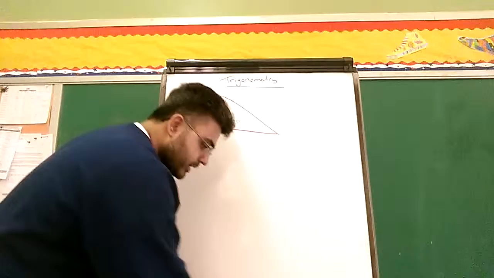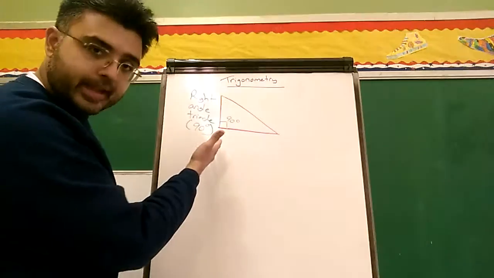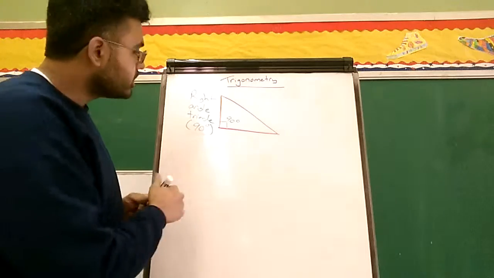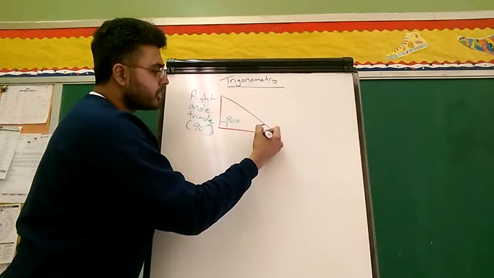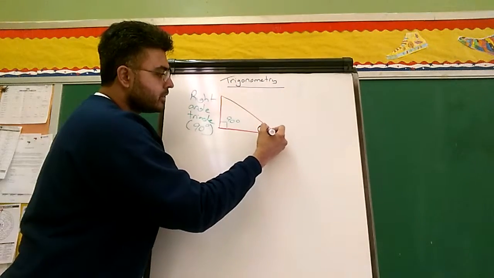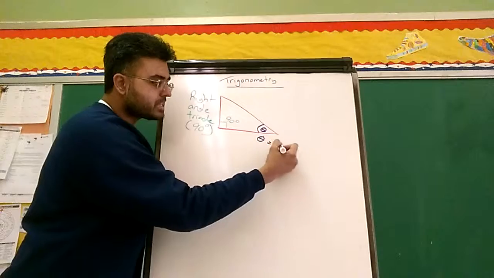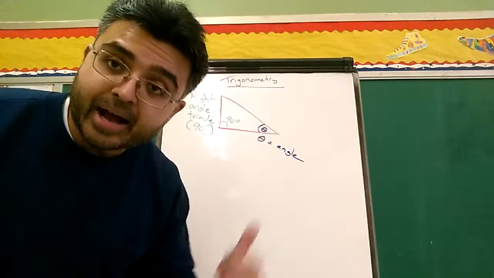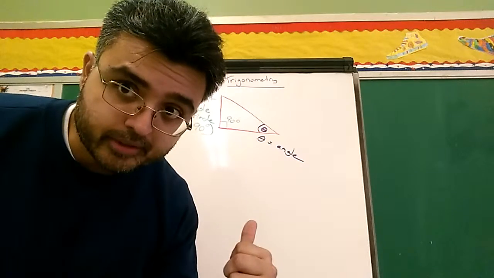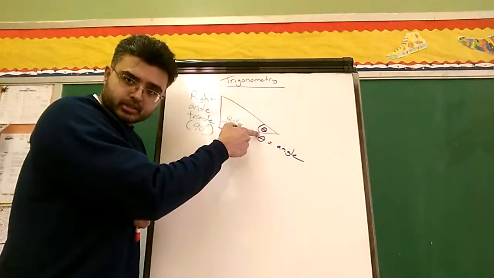Now, let's say, for example, I gave you a right angle triangle, 90 degrees, and I told you that this little angle here, that's a symbol for angle, by the way, a little circle with a line through it. This means angle. Let us say I told you that there's a little angle here on the side.